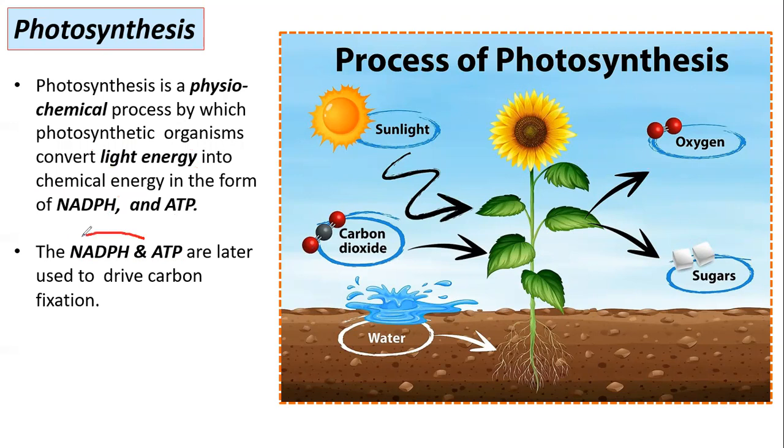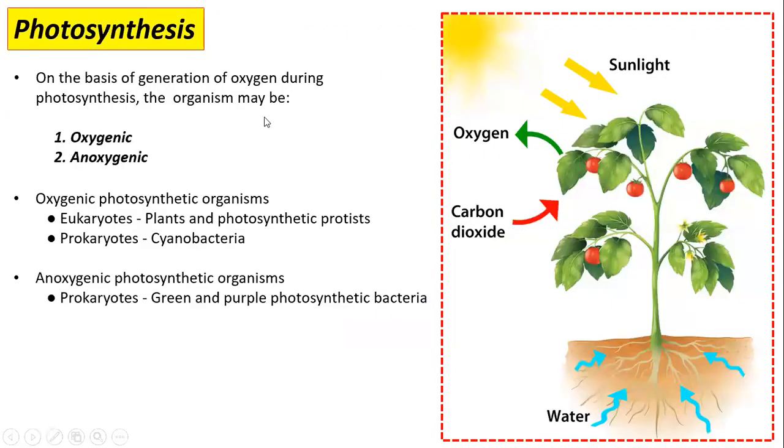We will study NADPH as well as ATP during carbon fixation, or during the C3, C4 and C2 cycles. For now, simply remember that NADPH and ATP are the final products of the light phase of photosynthesis.